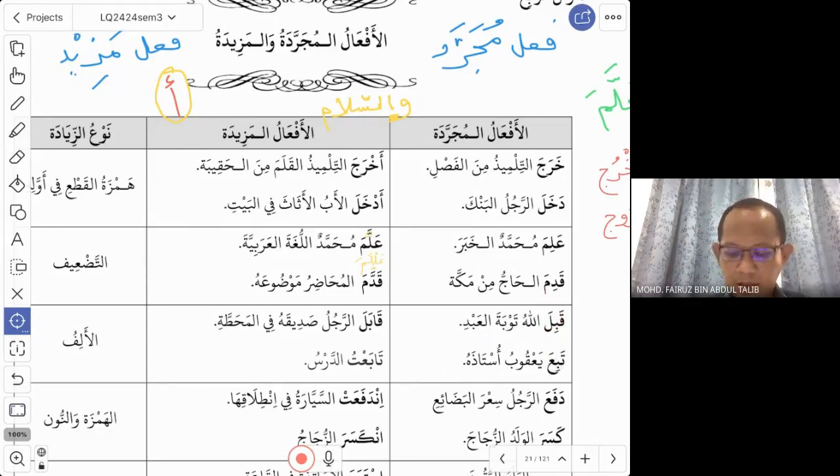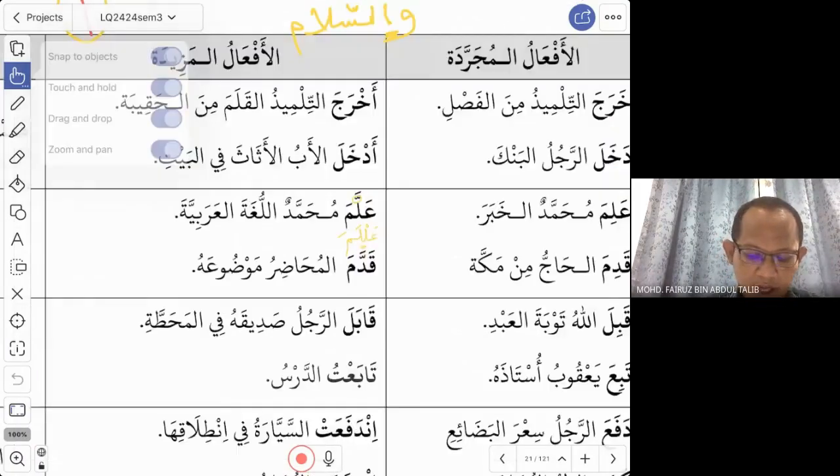Mujarrad. Now, qaddama. If you look at the word qaddama, you still have the qaf, dal, and mim. But what do you have here? You have a shadda. This is similar to the fi'l allama. What do you mean by shadda here? Shadda here indicates that the letter dal is now double. So actually you have two dal.